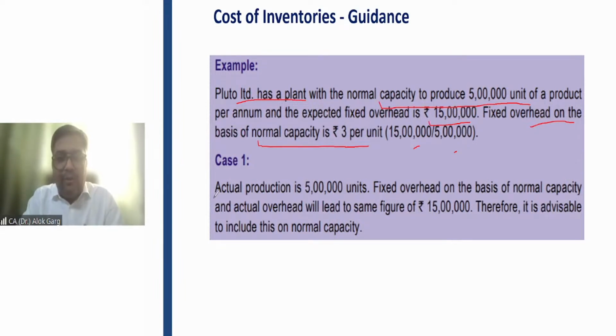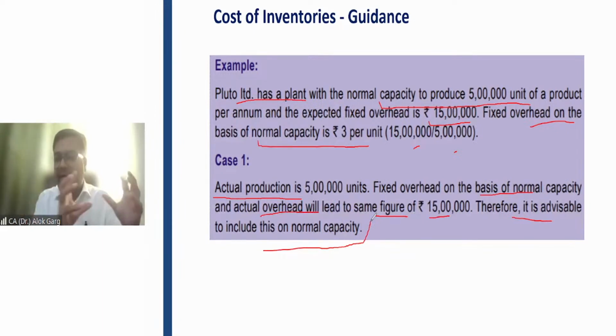Here your actual production is equal to normal production. So in this case, fixed overhead on the basis of normal capacity and actual overhead will lead to the same figure of 15 lakh. Therefore, it is advisable to include this on the basis of normal capacity. Right? 5 lakh was the budgeted capacity, 5 lakh was the actual production, so 3 rupees per unit will be allocated to the cost of production.